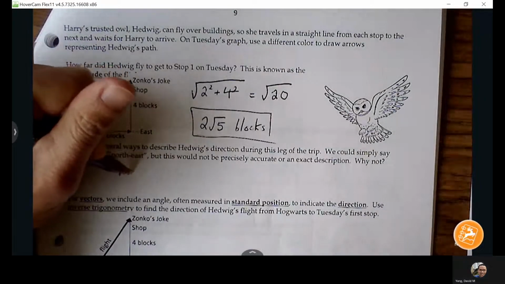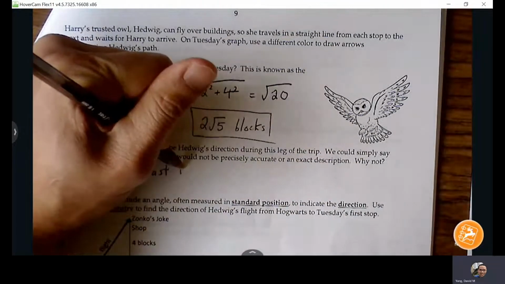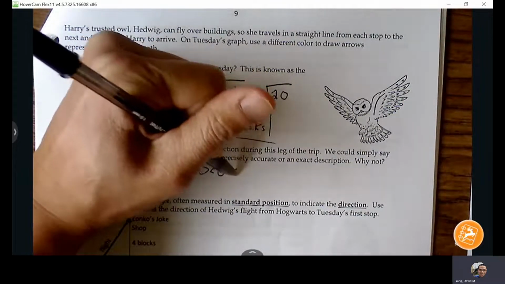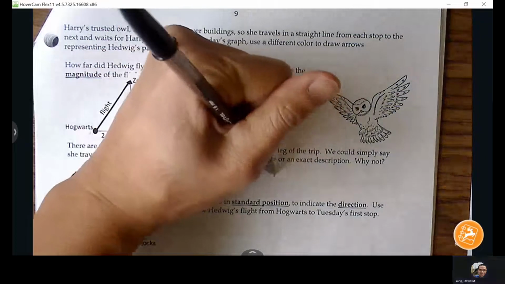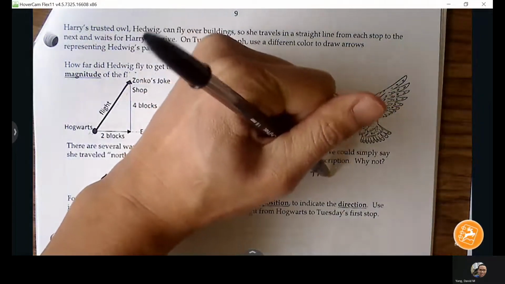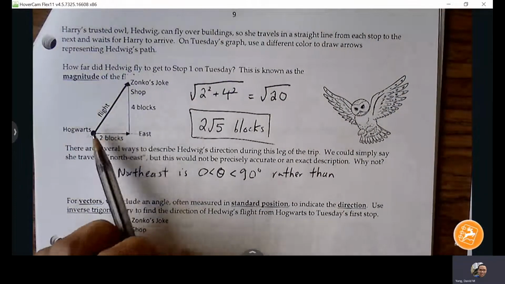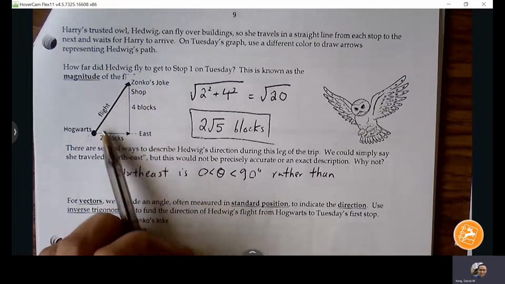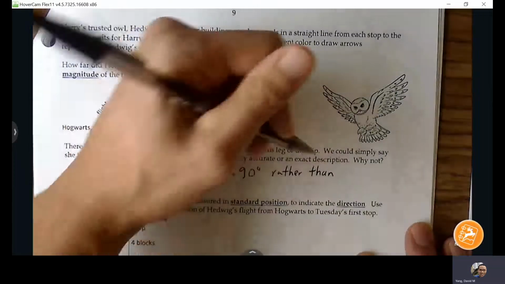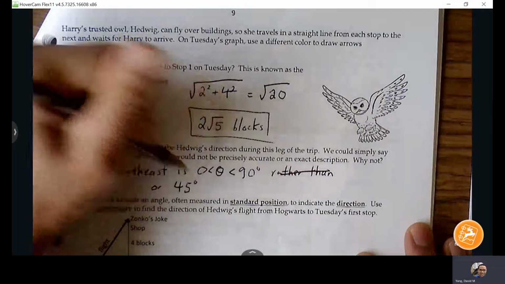Okay, so northeast, it's just an angle measure between 0 and 90. So first off, this is not going to be 45 degrees, right? So either you can say northeast is 0 and 90 degrees, or you can say it as 45 degrees, but neither is correct, right?